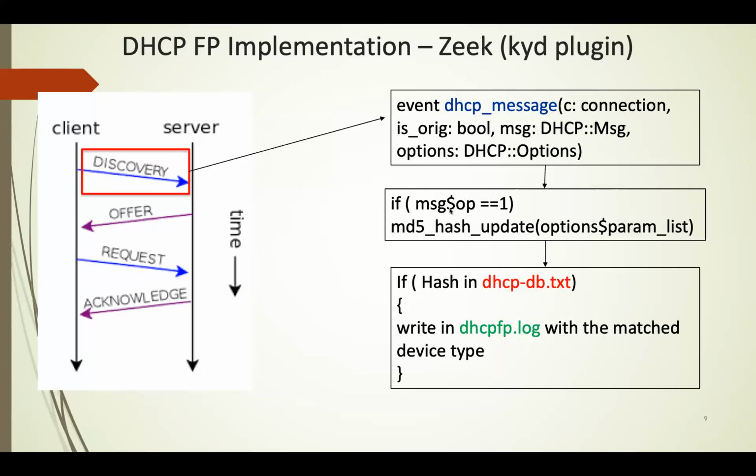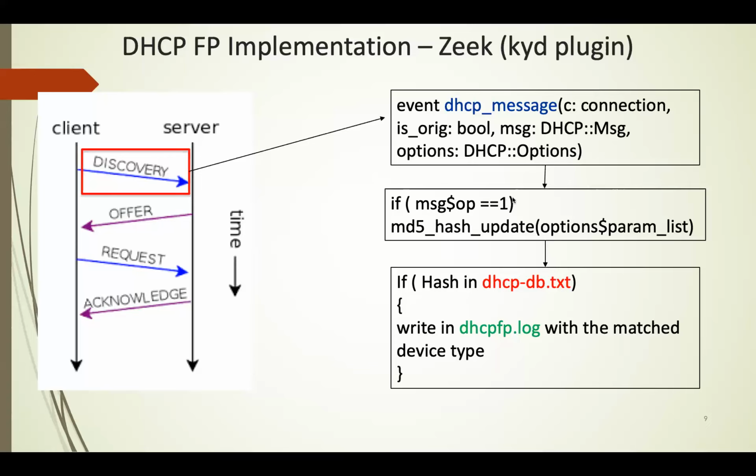For offer, there was an event called dhcp_offer. But now the recent implementation of DHCP combines all 4 types of messages into just one dhcp_message. And you have to infer from the message type, the message option type, which event it is. So for example, if the message option type is 1, that means we are dealing with the discover event.